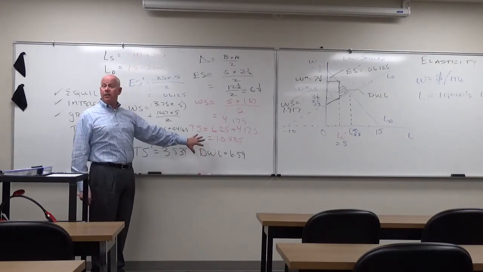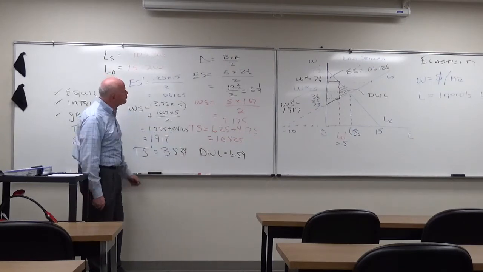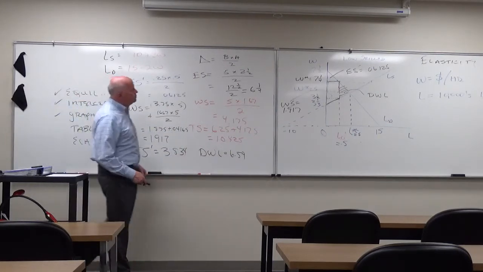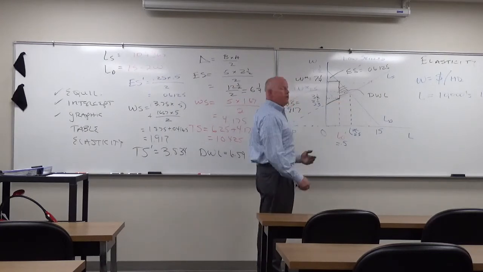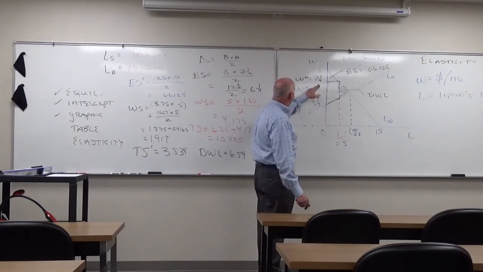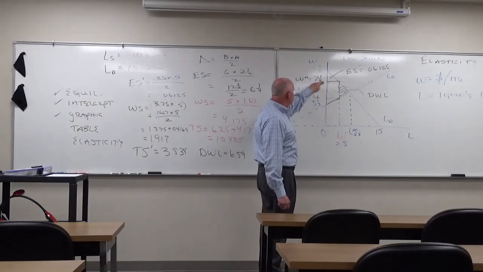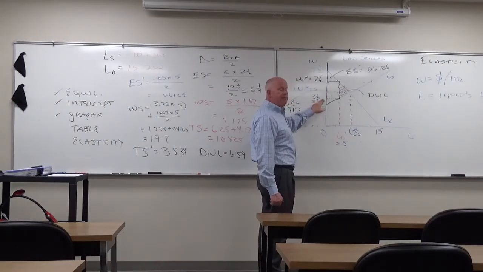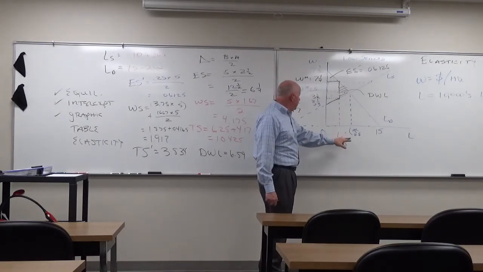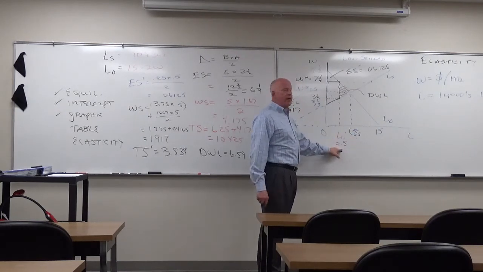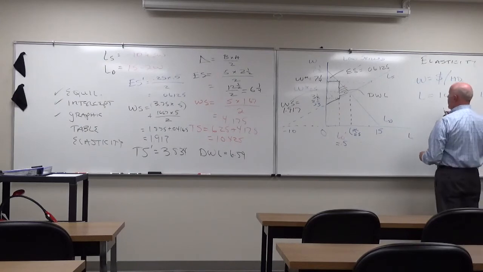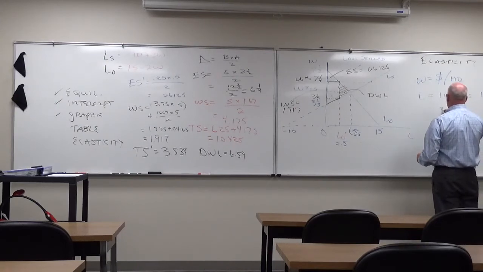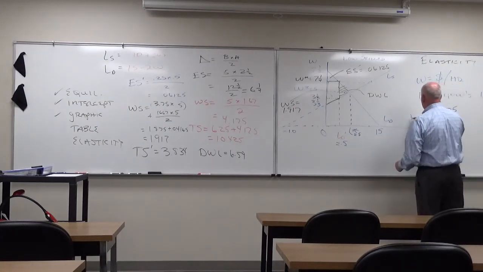Let's see if we can triangulate this and see if we did it correctly. To do so, we want to know the value of this triangle. Well, we've already figured out all of our intercepts. We've got 7 1/4. We've got 3 1/2. We've got 5 minus 0.5. So it's a triangle. So 7 1/4 minus 3 1/2 is 3.75.